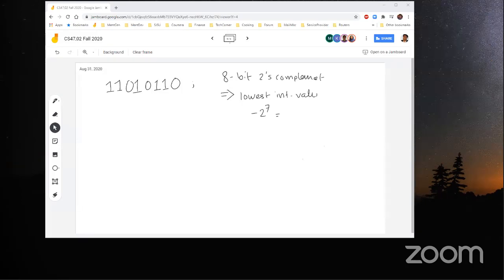So minus 128 in base 10. That is the value represented by 1 0 0 0 0 0 0 0. So in 8-bit 2's complement, this bit pattern represents minus 128.